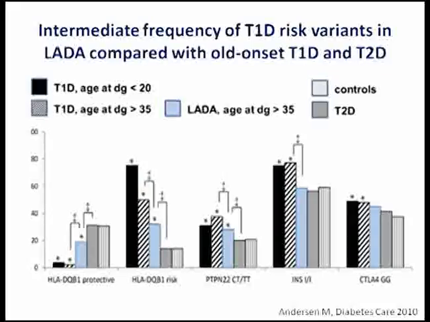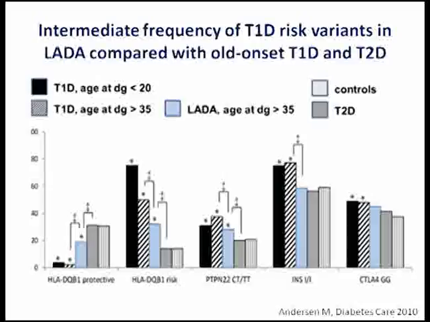And these are all the type 1 variants: the HLA-DQB1, which is high risk for type 1, and PTPN, which is also high risk for type 1. If you look at the blue color, LADA patients, and also the type 1 diabetic patients who are more than 35, that is the STRIPE patients, you will see that LADA patients have an intermediate frequency for the type 1 gene variants, HLA-DQB1 and PTPN.